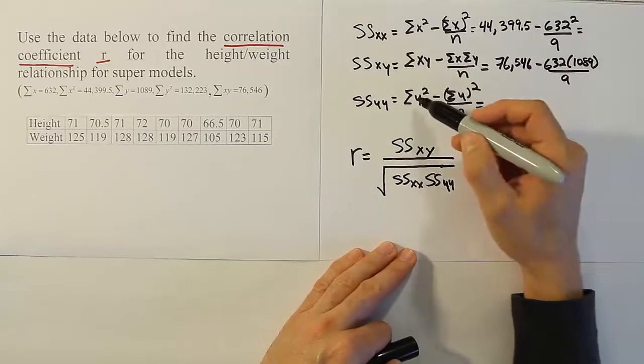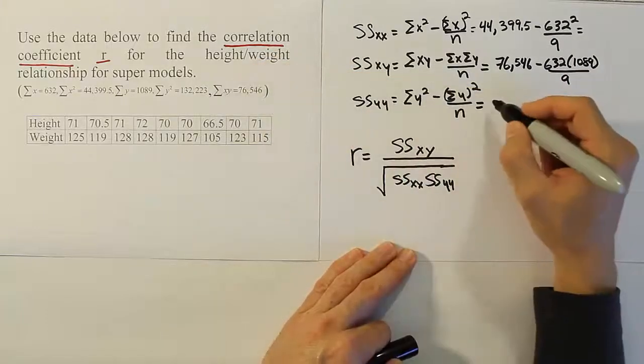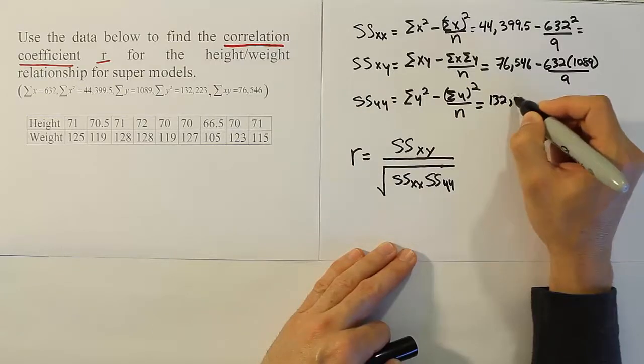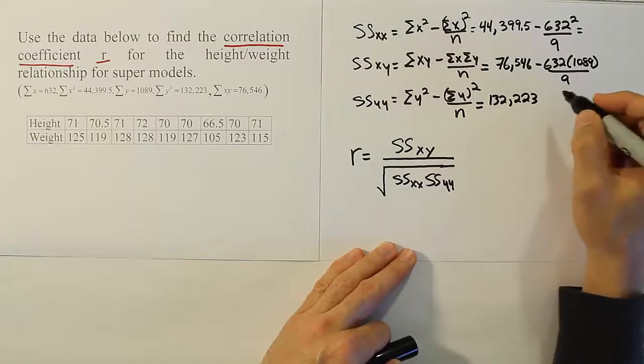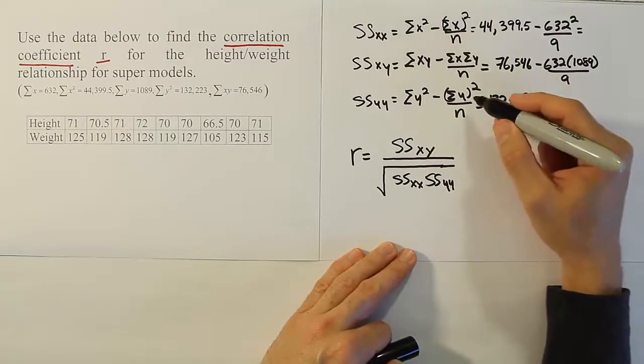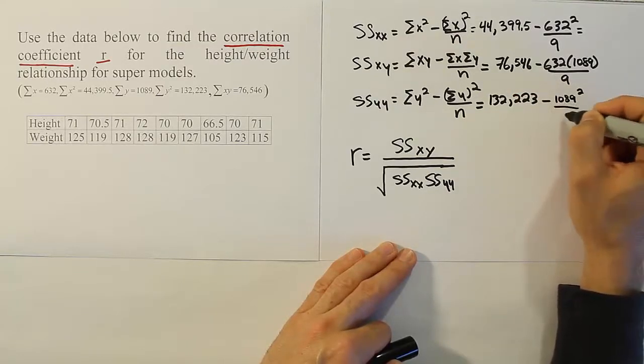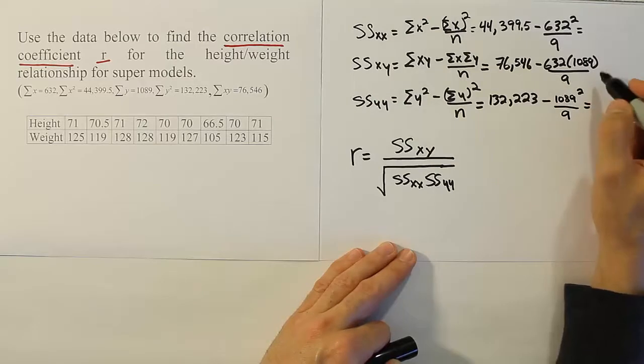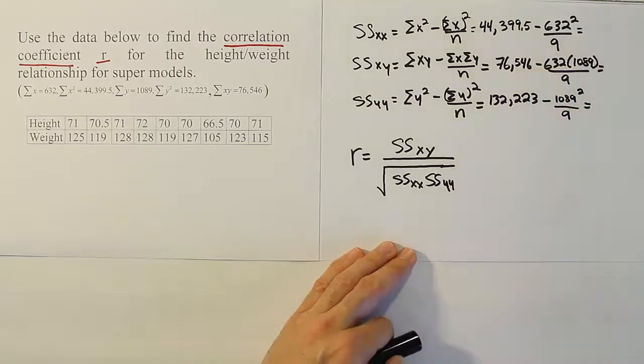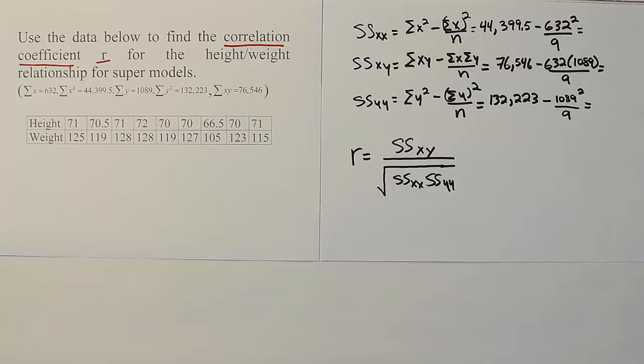Okay, and then we have the summation of y squared. That's 132,223 minus the summation of y. The summation of y is 1089 quantity squared over 9. Okay, now let's go ahead and work these out with our calculator and fill in their values.